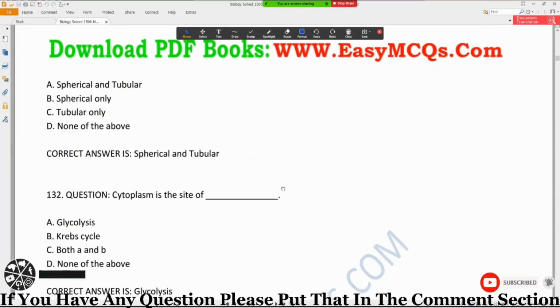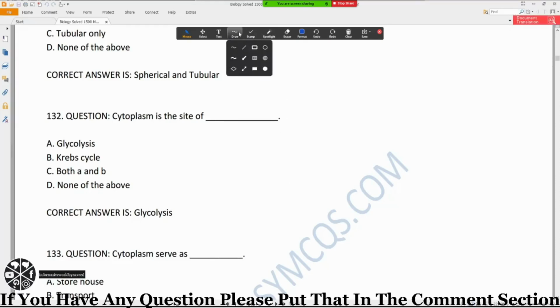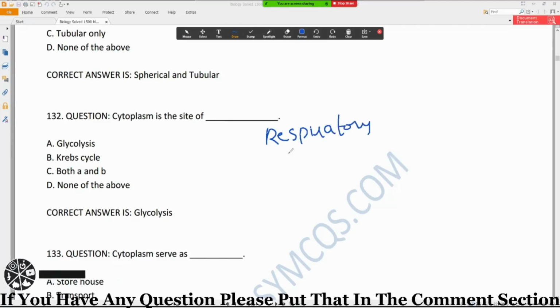Okay, question number 132. Cytoplasm is the site of which process? Option A glycolysis, option B Krebs cycle, option C both A and B, and option D none of the above. We have respiration, and the process of respiration is completed in three major steps.